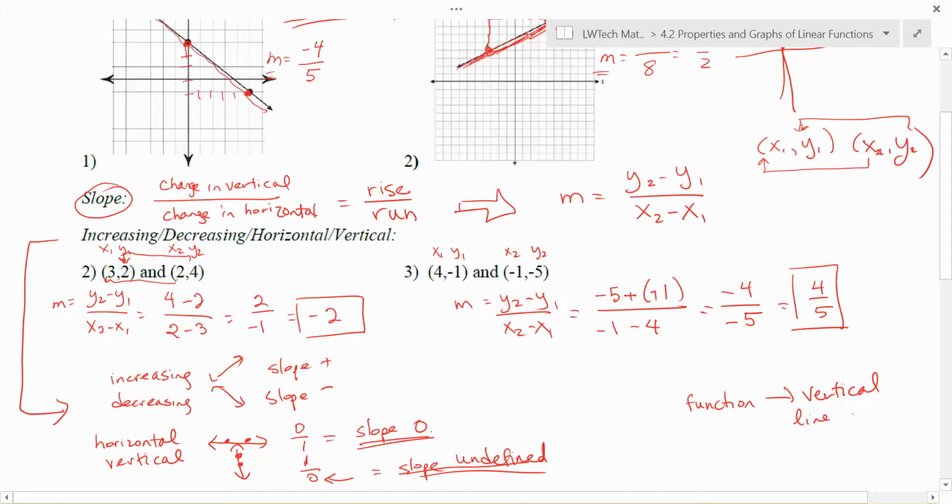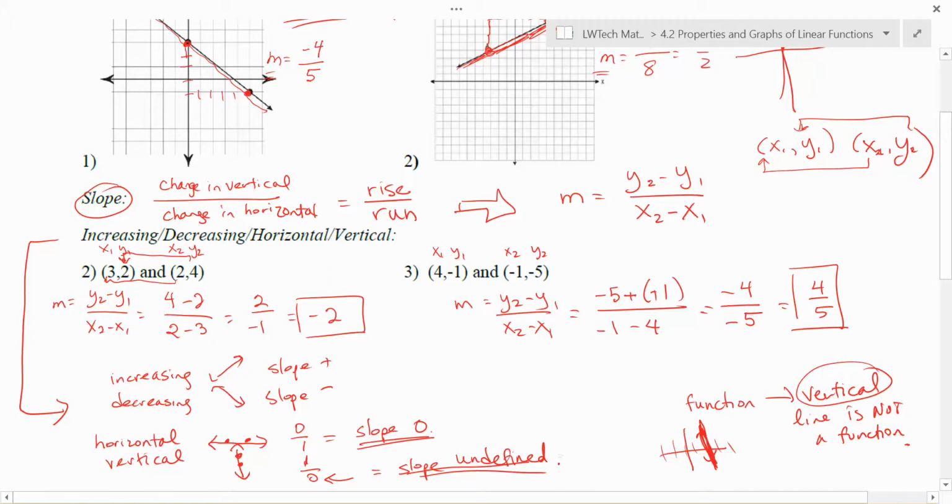It's kind of a special case. And if you think about the vertical line test, if we were to pass a vertical line here in any of these places, the function's not defined. But if you put the vertical line right here on the line, it's millions of points, so definitely more than one. So that's something that I like to keep in mind, vertical lines are their own special thing. They're not a function.